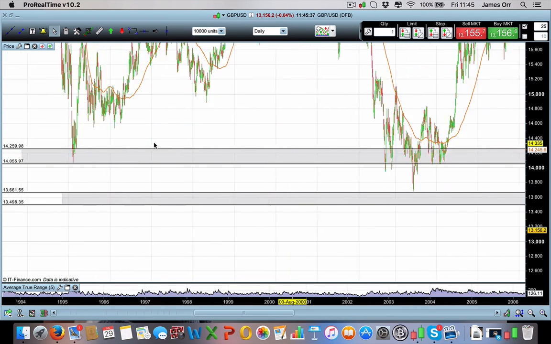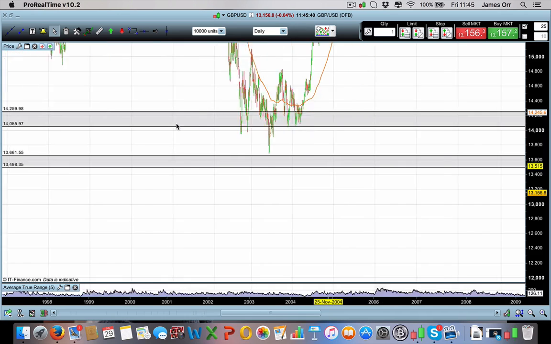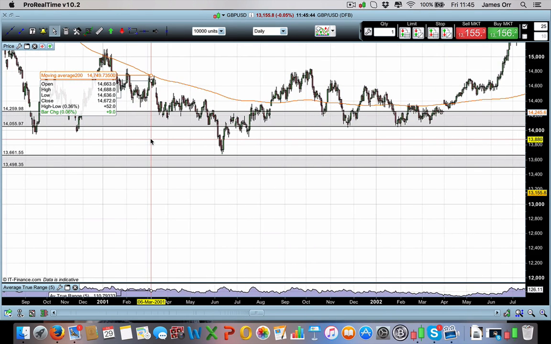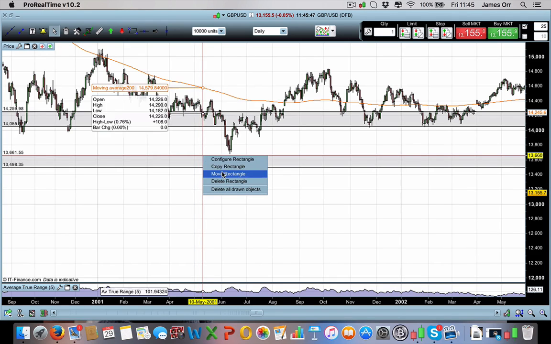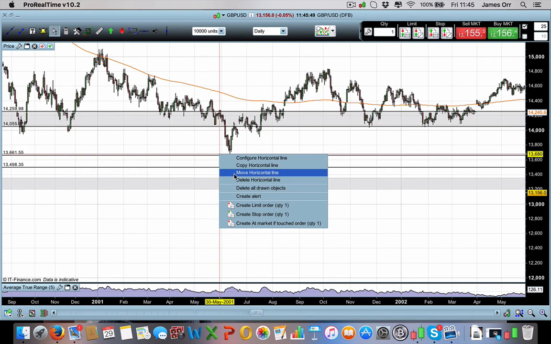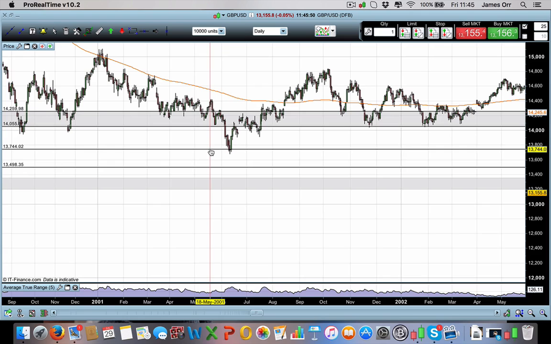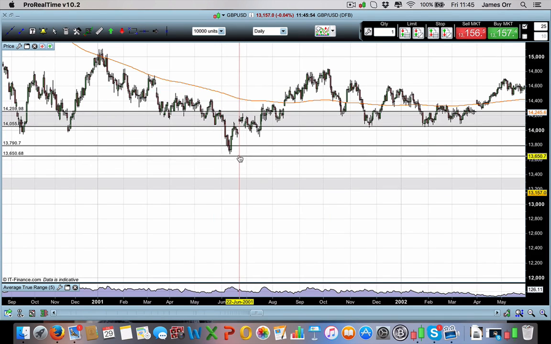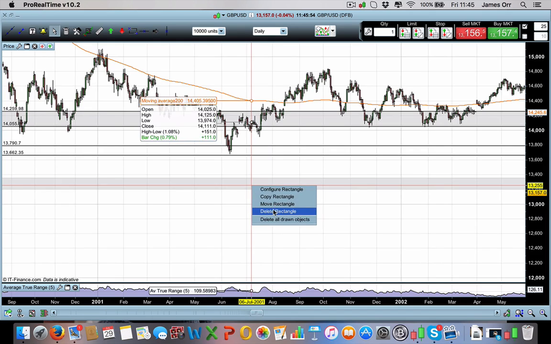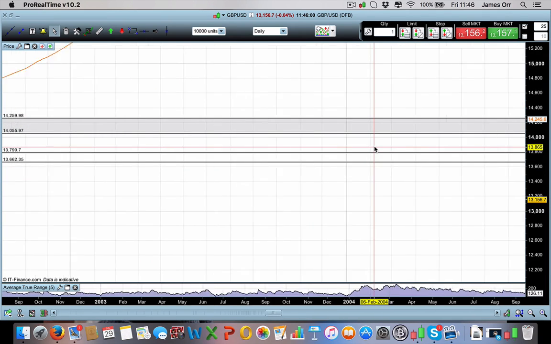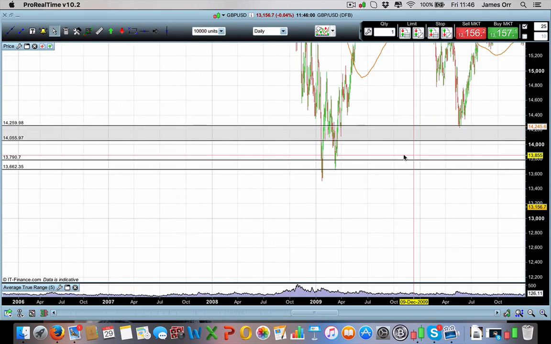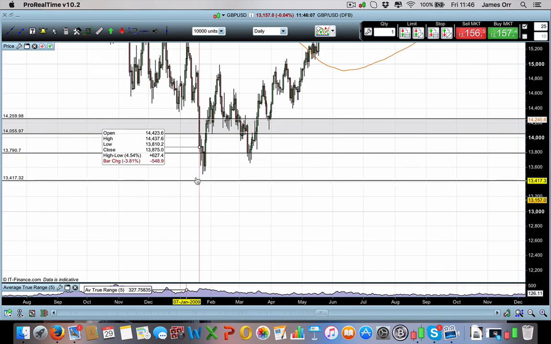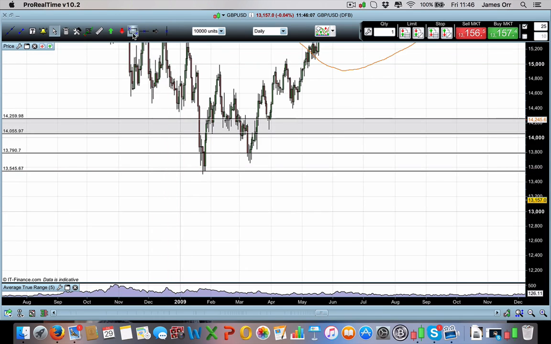You're looking for the major reaction areas. You can see it right here. This could actually, let me just zoom in a little bit. This could do with coming up. Right here.